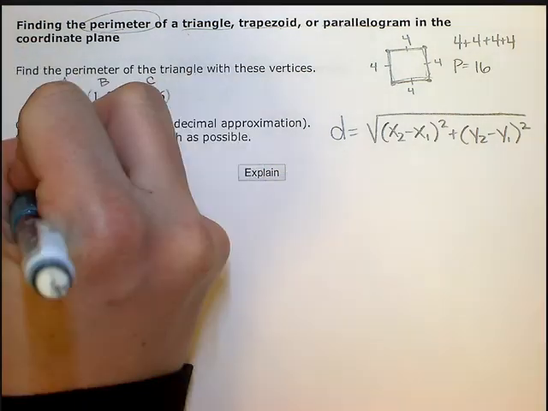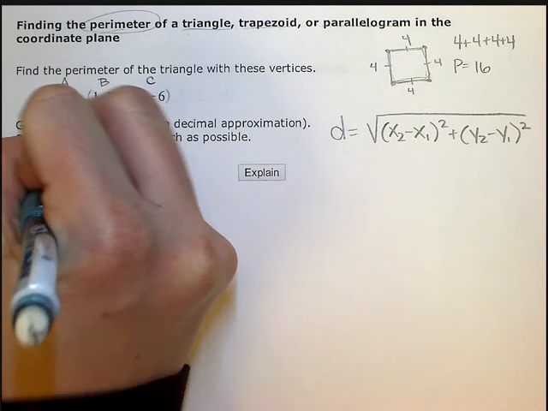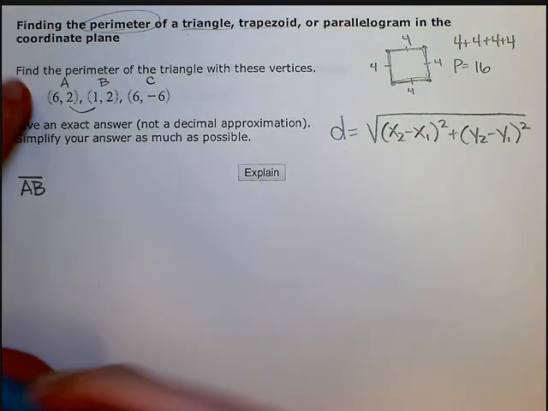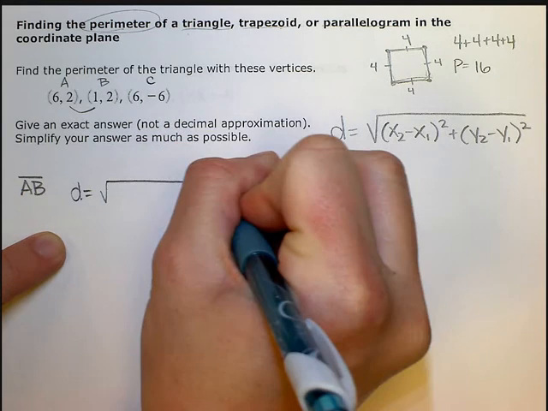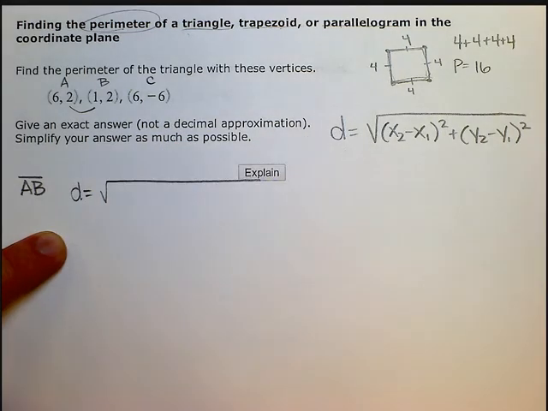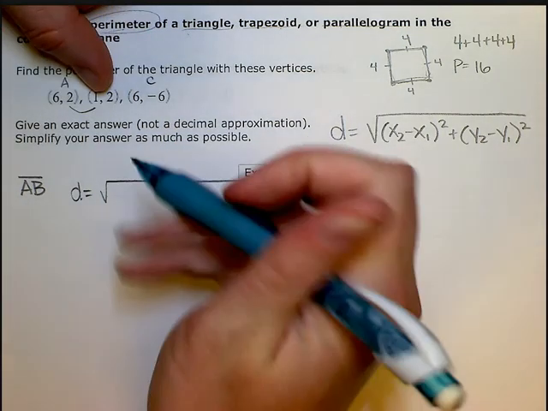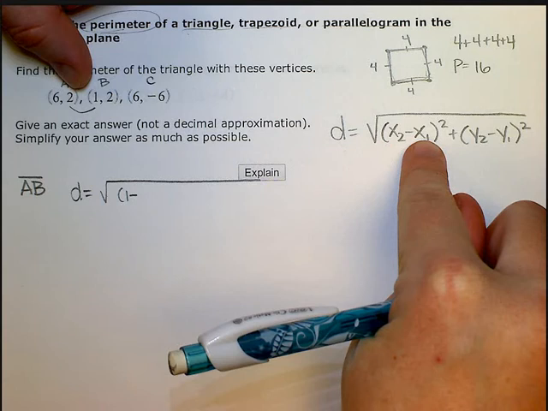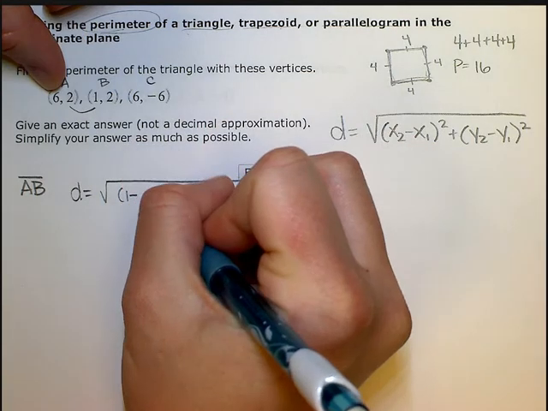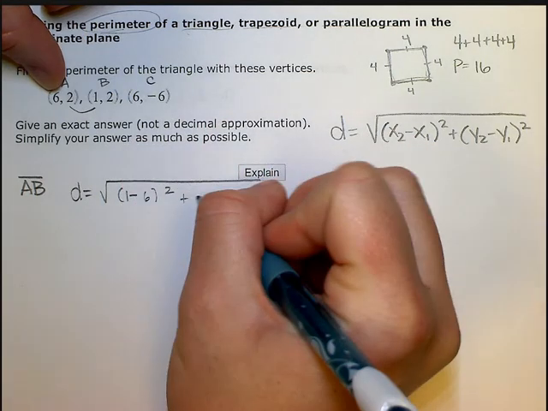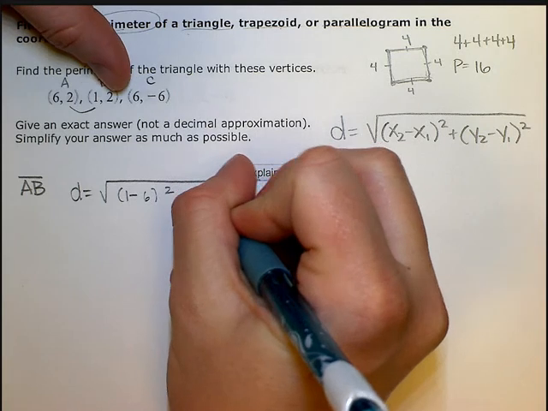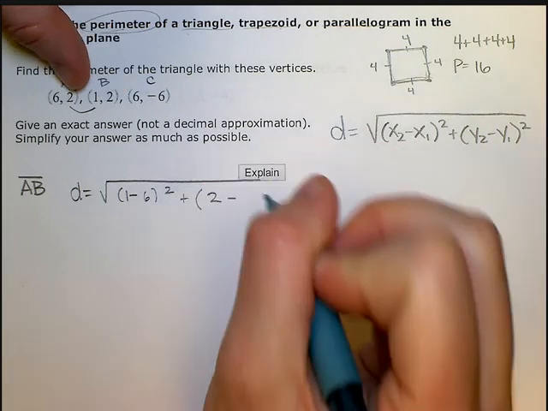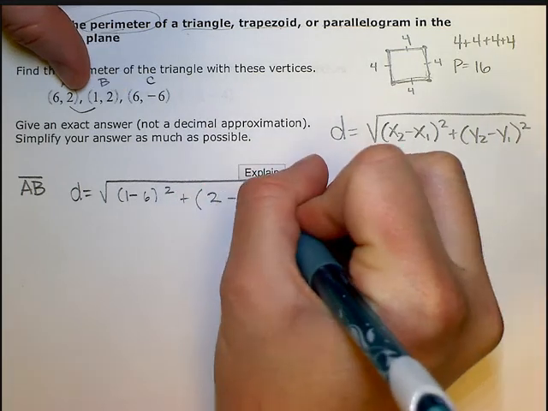So D equals the square root of x2, which is 1, minus x1, which is 6, squared, plus y2, which is 2, minus y1, which is 2, squared.